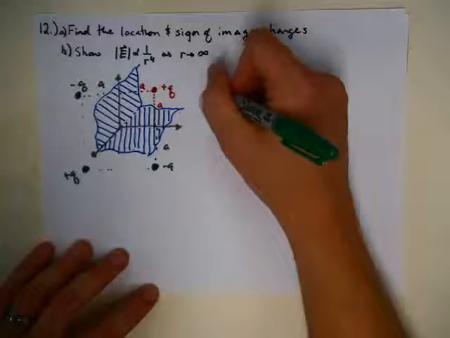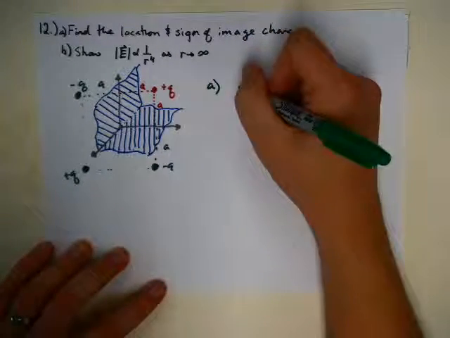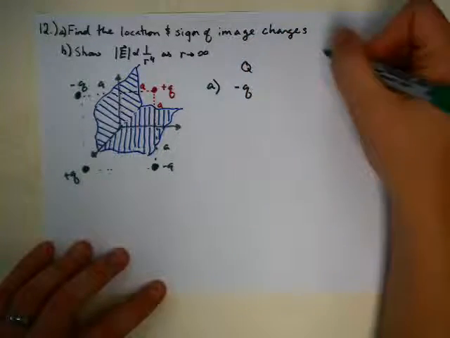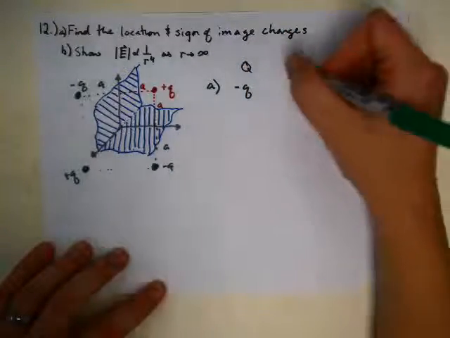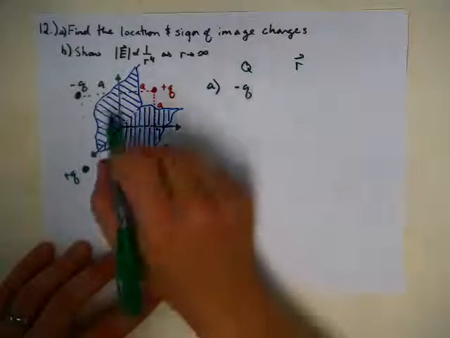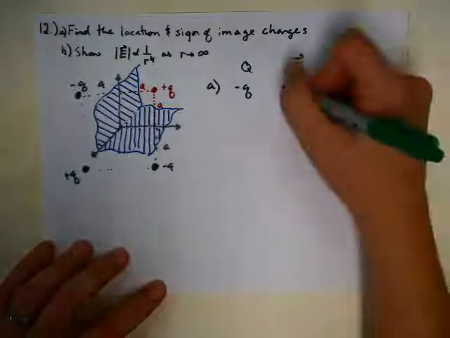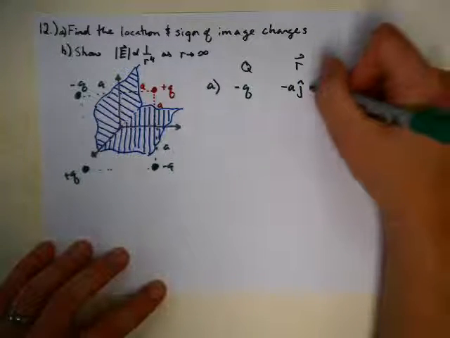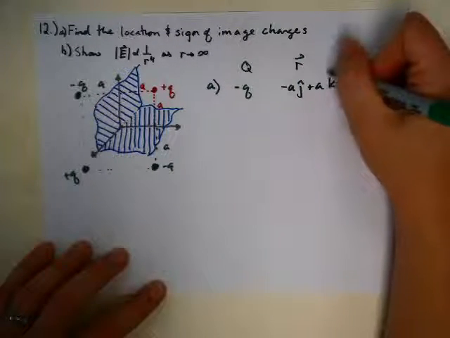If I write them out individually, I'm going to have an image charge of minus q, and my position is going to be minus a in the j hat direction and plus a in the k hat direction.